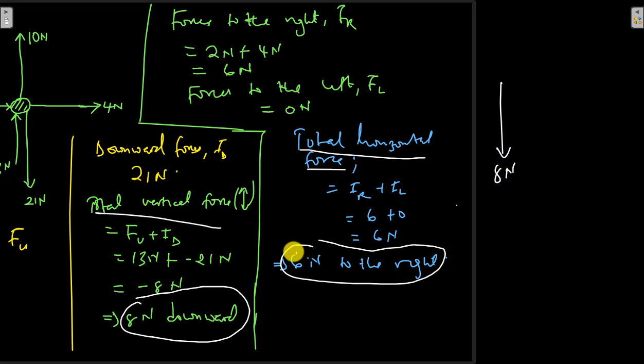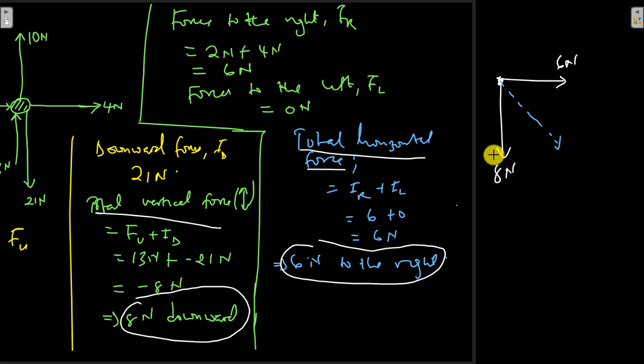Then we have 6 newtons to the right. So at the mass, our resultant force, as previously, is going to be in this direction.